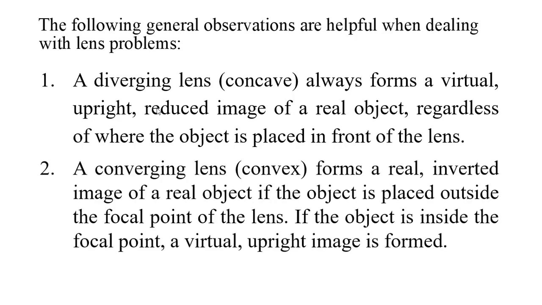Secondly, a converging lens or a convex lens always forms a real inverted image of a real object if the object is placed outside of the focal point of the lens, or if the object is inside the focal point, a virtual upright image is created.